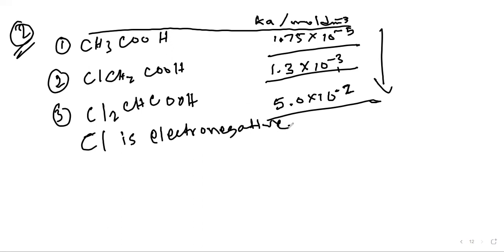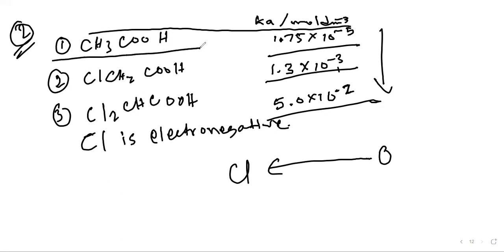If it pulls the electrons towards itself, there is another electronegative atom, which is oxygen. So it also pulls electrons from oxygen as well. Now here in CH3COOH, there is no chlorine. That means there is no electronegative group except for oxygen. There is only the presence of what?